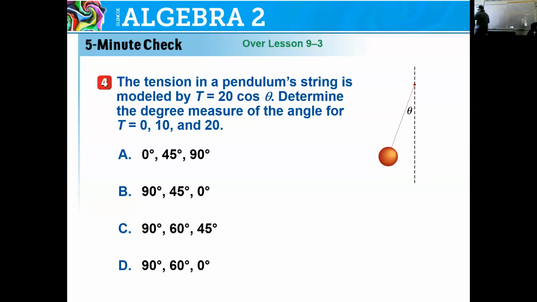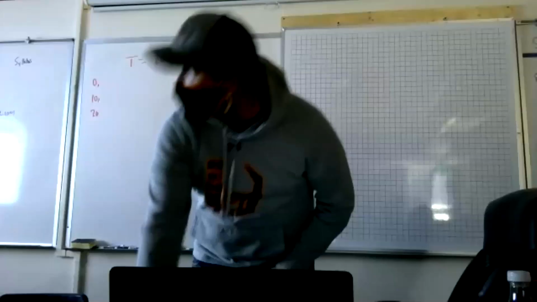So if I set it up, I have T is equal to 20 times the cosine of theta, and I'm going to plug in 0, 10, and 20 for T. Then I'm going to solve, and use inverse cosine to figure out what the angle measure is.